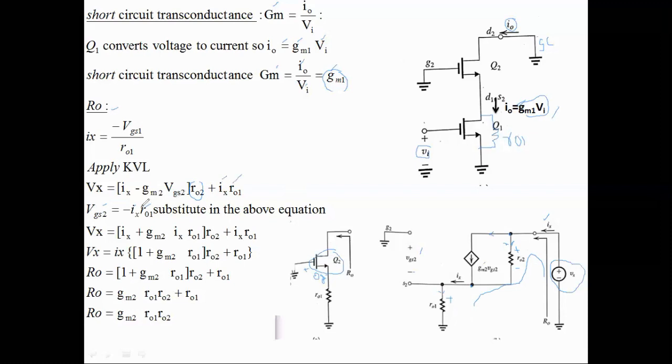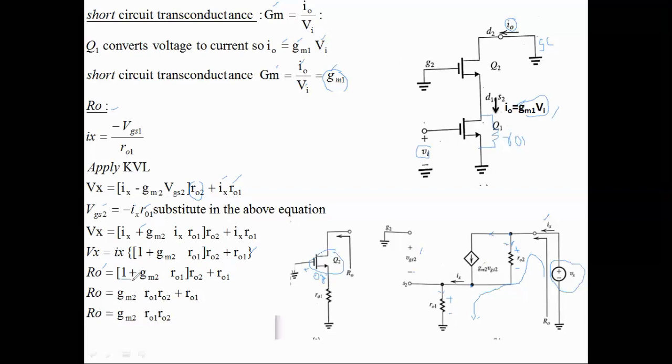Now I substitute VGS2 equal to minus Ix times R01 in the above expression. Taking Ix common, output resistance R0 equals (1 plus gm2 R01) times R02 plus R01.